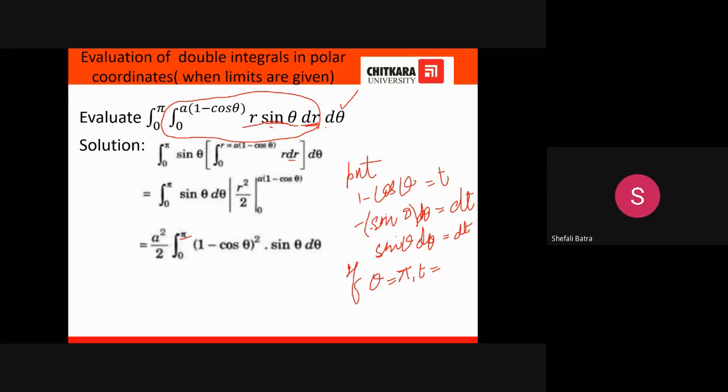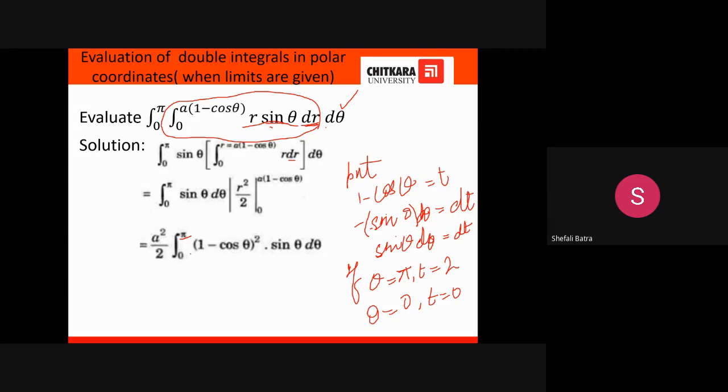Yes, ma'am. 2. T would be 2. Yes beta, right? 1 minus cos pi. Cos pi is minus 1, minus minus plus. So t would be 2. And if theta is equal to 0, then t would be 1 minus cos 0. Cos 0 is 1. 1 minus 1 is 0.